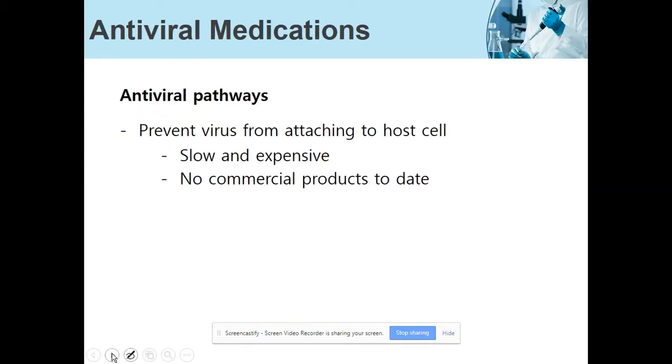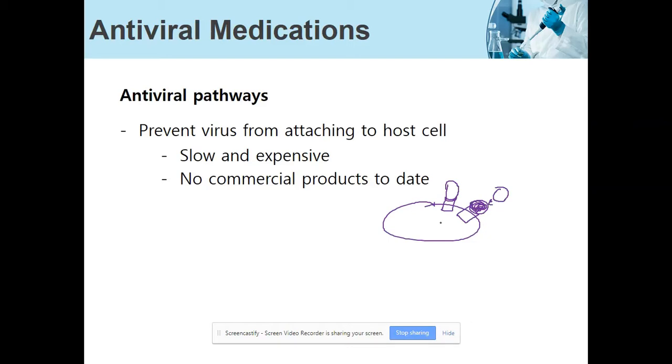So that first way, we can prevent the virus from attaching to the host cell. So you have that host cell. Here maybe is the receptor and the virus sits there. If we could make some kind of medicine that sits on that receptor, that virus comes along, there's no place for him to sit. No virus can attach to the receptors.